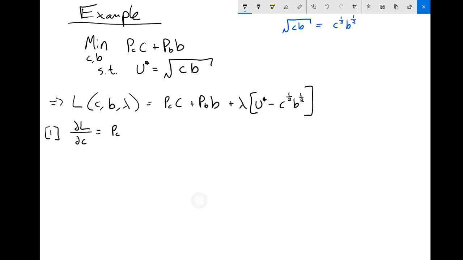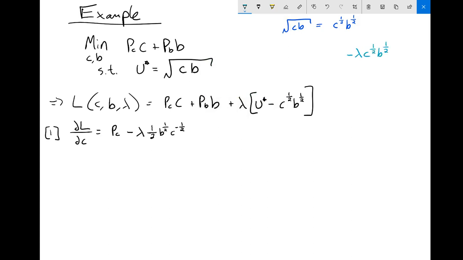And then what's the derivative of this with respect to C? This is where it gets a little bit trickier. Minus lambda. What's the derivative of this with respect to C? Well, it'll be 1/2 B to the 1/2 times C to the negative 1/2. Can you see that? Why don't I come over here and then show? So if we expand this out, it'll be minus lambda C to the 1/2 B to the 1/2.